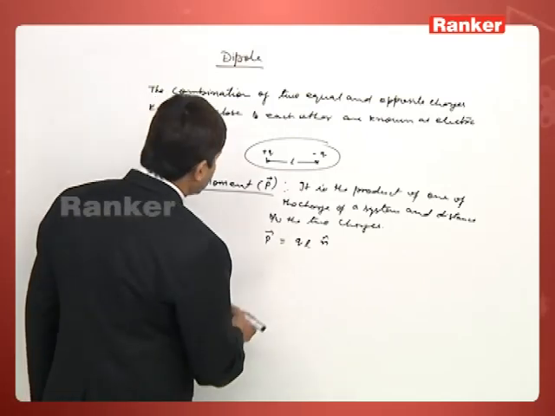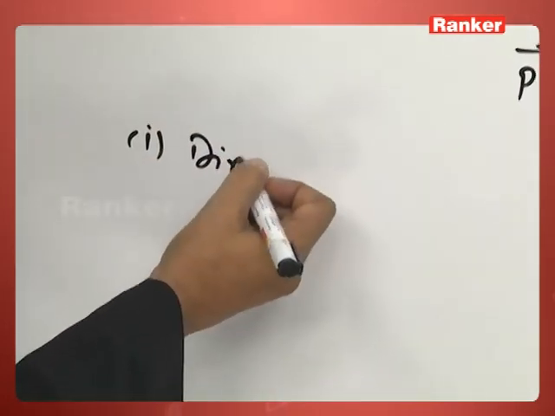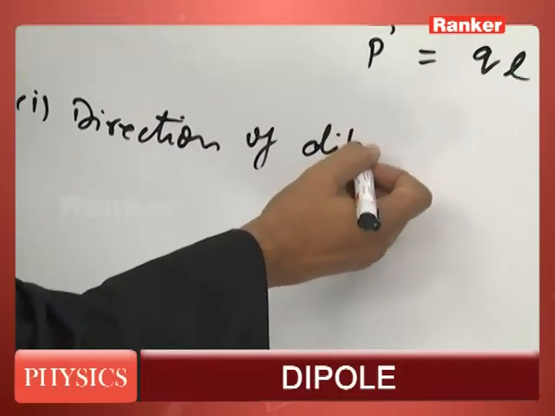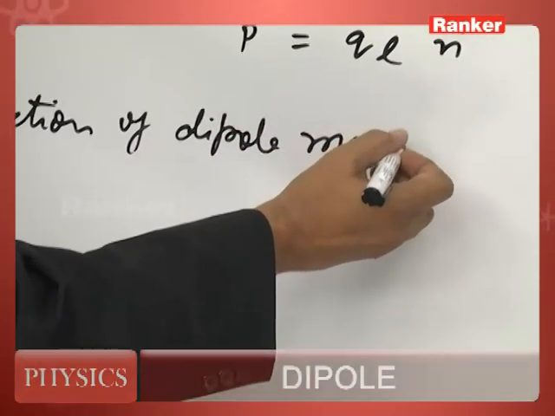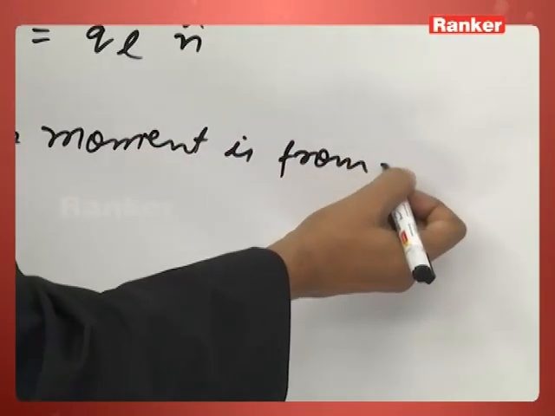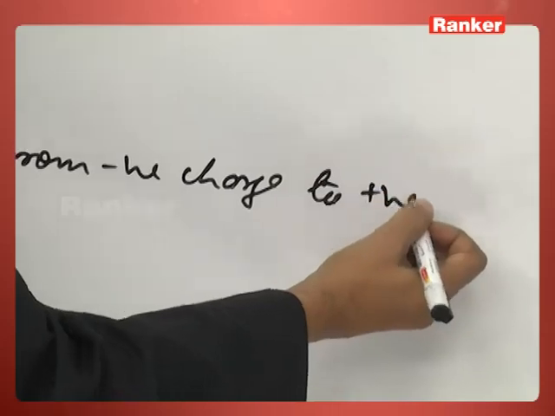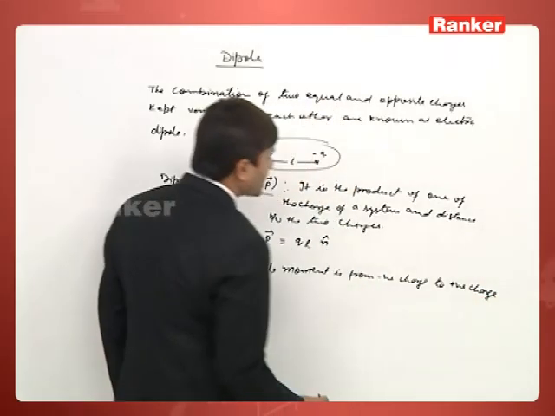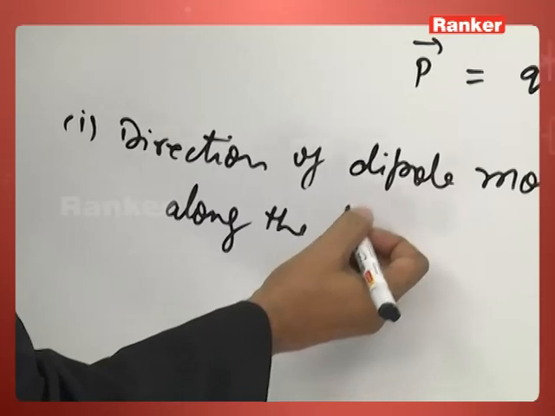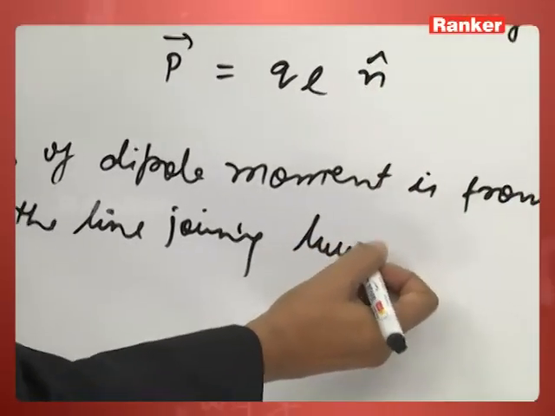So an important point regarding direction. The first point we can say: the direction of the dipole moment is from the negative charge to the positive charge along the line joining the two charges.